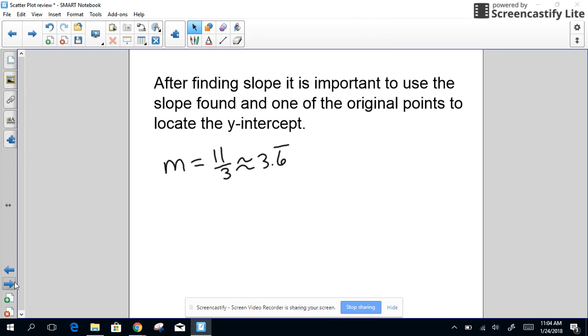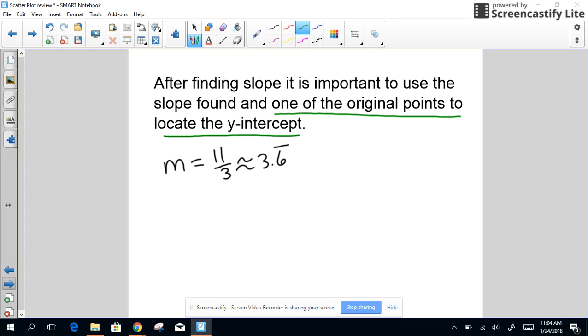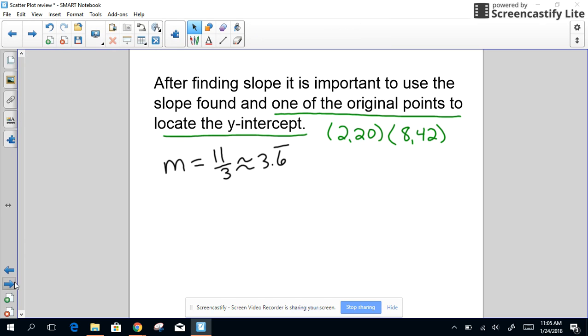And the key thing that I need to remember when I find my y-intercept is that I have to use one of the original points to locate the y-intercept. So I have to use either the point (2, 20) or the point (8, 42) to help me find my intercept. Those were the 2 points I used to find slope, so they are the points I need to use when I'm finding the y-intercept.